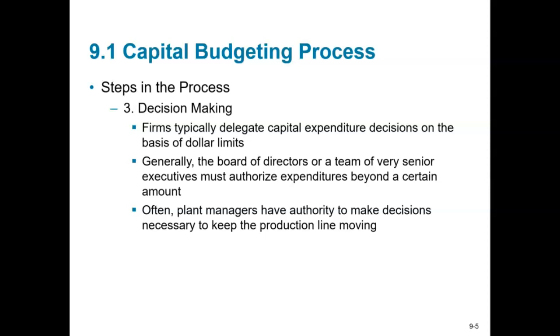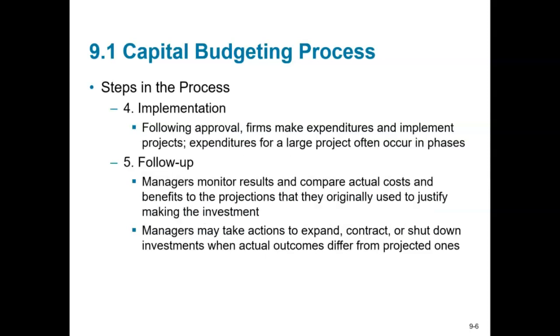The fourth step is the implementation, following the approval. Once firms make expenditures and implement these projects, keep in mind that expenditures for large projects often occur in phases, so you can monitor and follow up and compare actual costs and benefits to the projections originally used to justify making the investment.